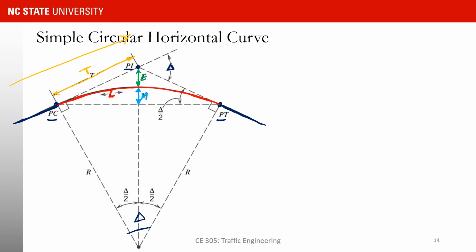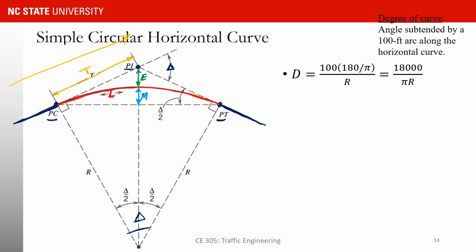Okay, so we start with the degree of the curve, and here you see the equation, and this directly comes from the definition of degree of the curve. So let's read it through. Degree of a curve is the angle subtended by a 100 feet arc along the horizontal curve. So if you walk on the curve for 100 feet, how much angle is changed?